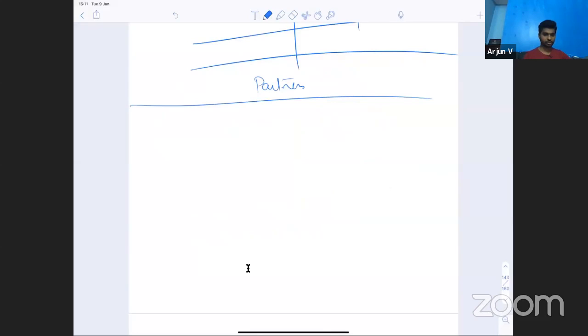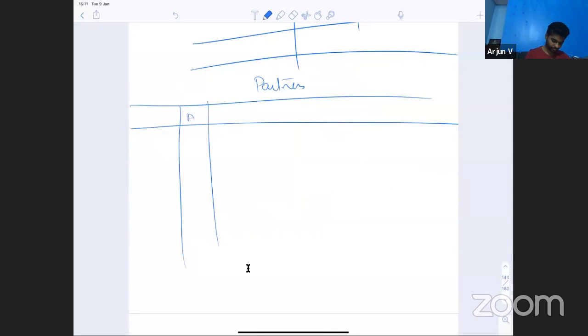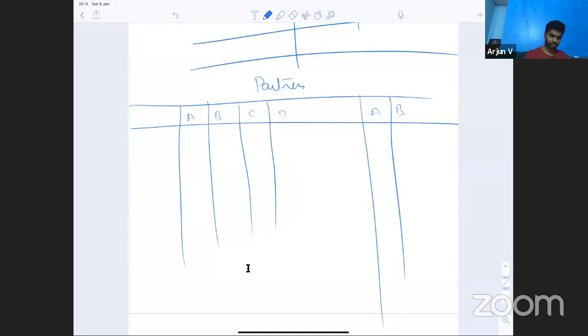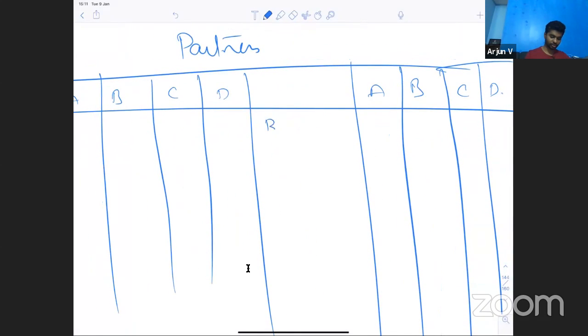There are partners A, B, C and D. Then again there is A, B, C and D. My opening balance of capital is only between three partners: 1,04,000, 76,000, 1,40,000.